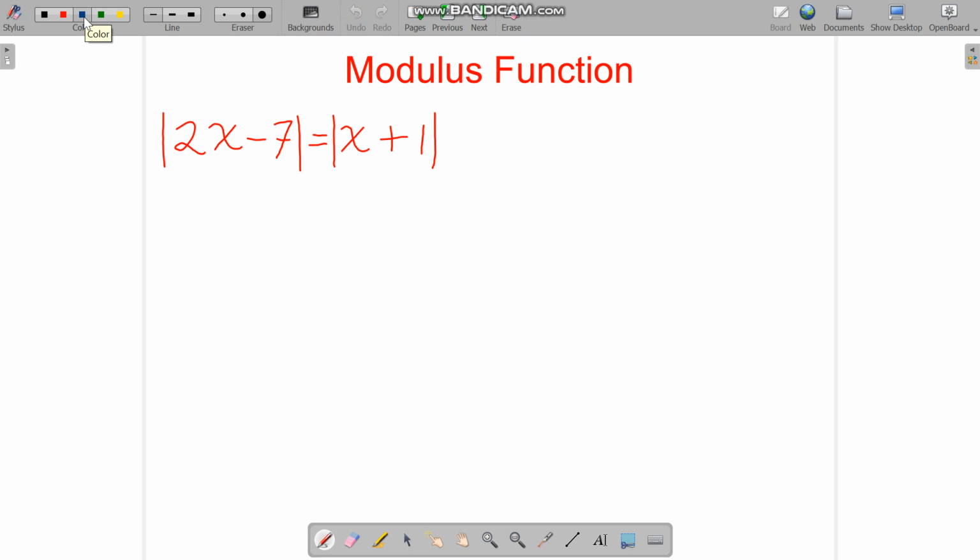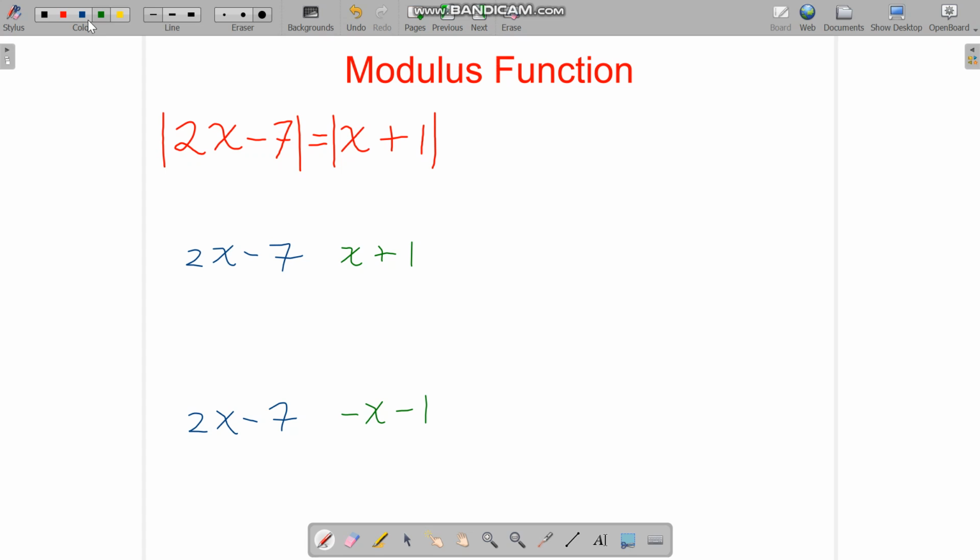And same thing here, we can try if the 2x minus 7 is positive. And we can try if the x plus 1 is positive or negative. So x plus 1 positive, if it's negative, minus x minus 1.